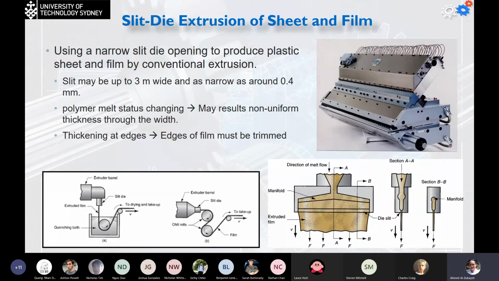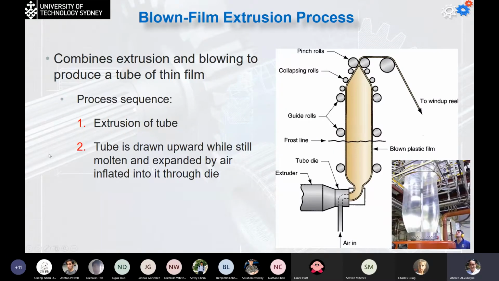The other operation is the blown film extrusion process, similar to the one we saw earlier, which comprises extrusion and blowing to produce a tube of thin film. The process sequence is mainly extrusion of the tube, as you can see here. The air will assist in blowing it up.